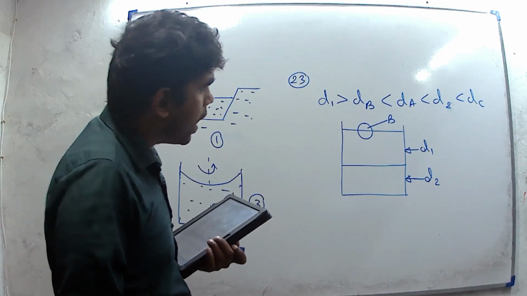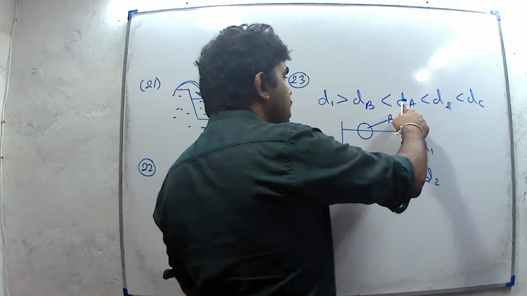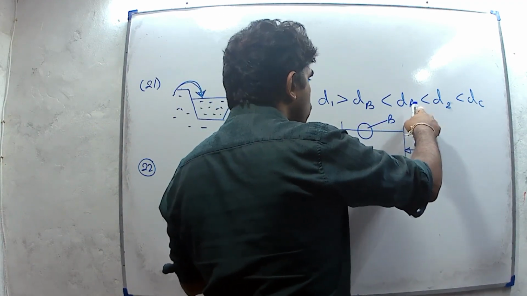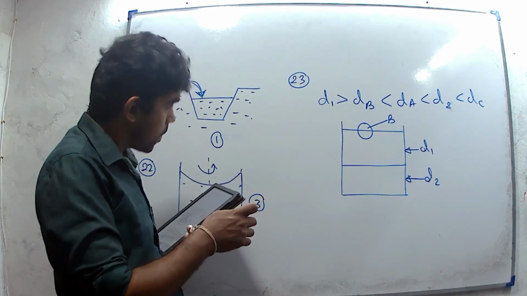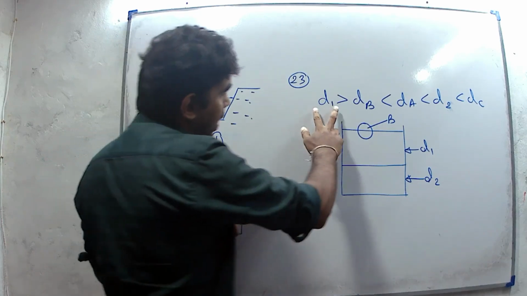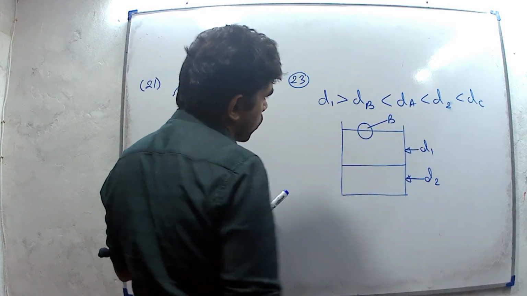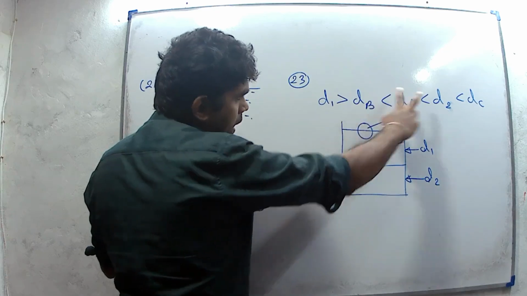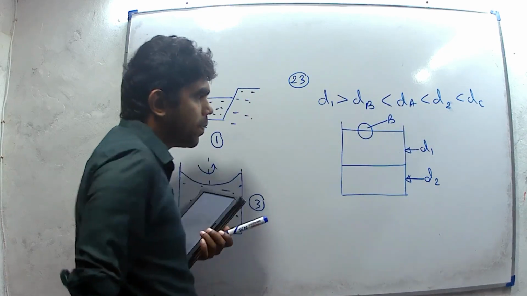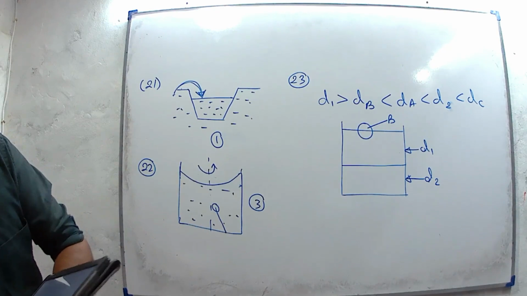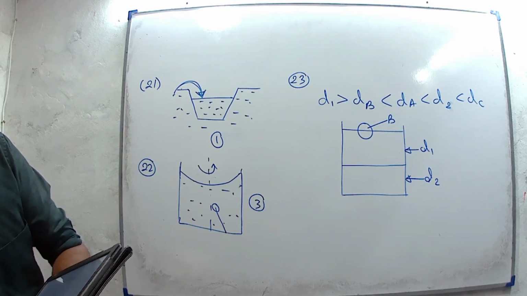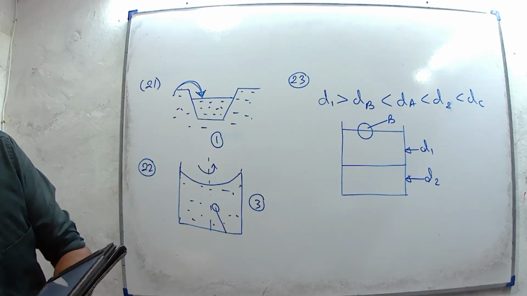Now the density of A is greater than dB, but less than d2. We can't compare the density of d1 and dA, because d1 is greater than dB and dA is greater than dB. Then we have to consider the given statements. We can't answer correctly without using the statements.